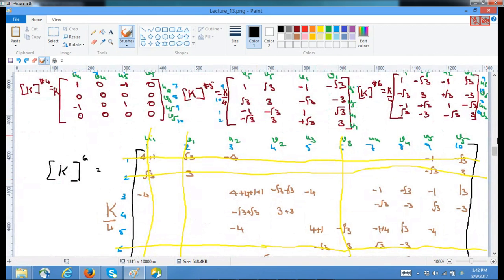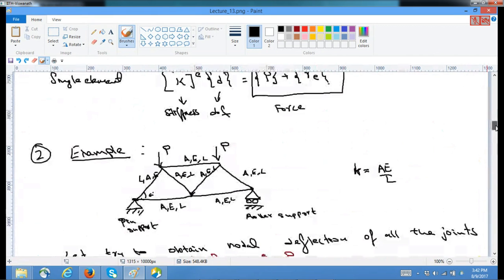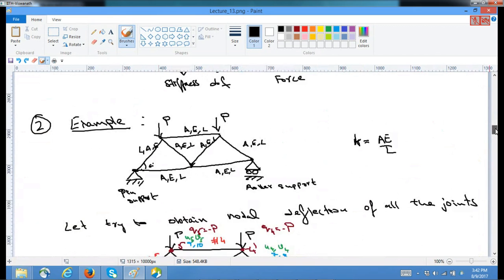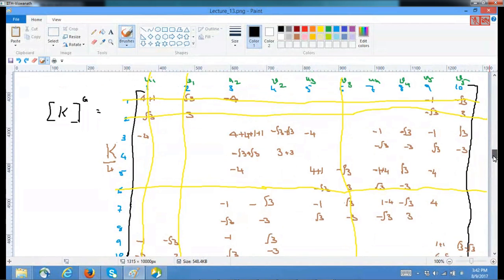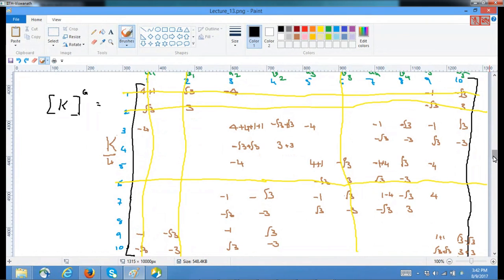Similarly, at some places you have 3 elements: this is one element, second element, third element. So at some places you have 3 entries possibly. And if it is a 0 entry, I haven't added it. At most you have a single entry, or if there is no entry, which corresponds to 0, I haven't entered it.